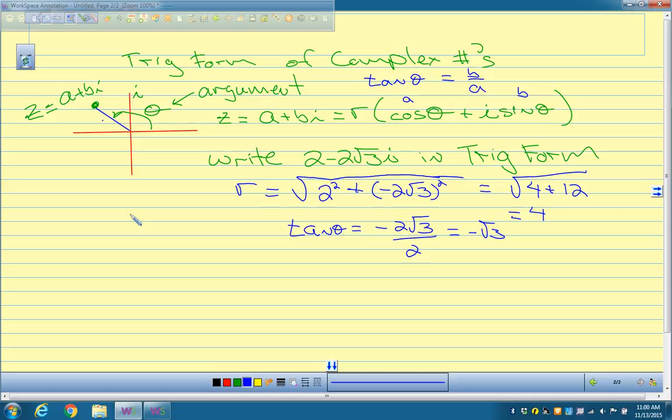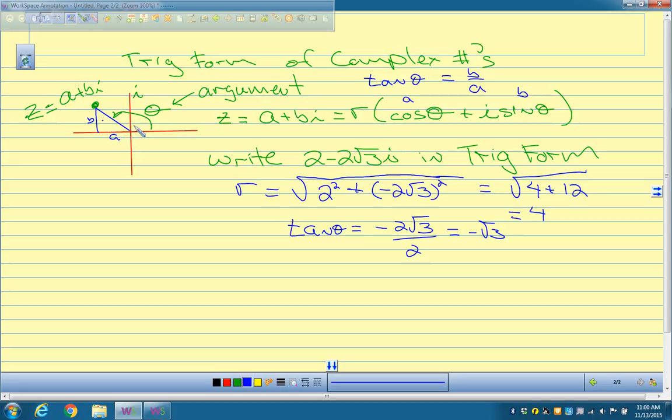Why are we using tan? Because I'm trying to find this angle, and tangent of theta is equal to this over this, because you're going up b and over a.